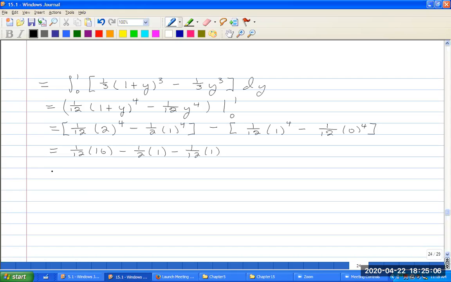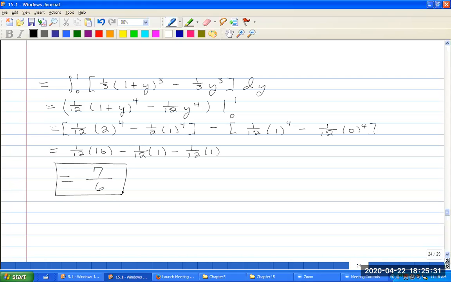Minus 0. So this is equal to 16 over 12, minus 2 over 12, so this is equal to 14 over 12, or 7 over 6. And that is your answer.